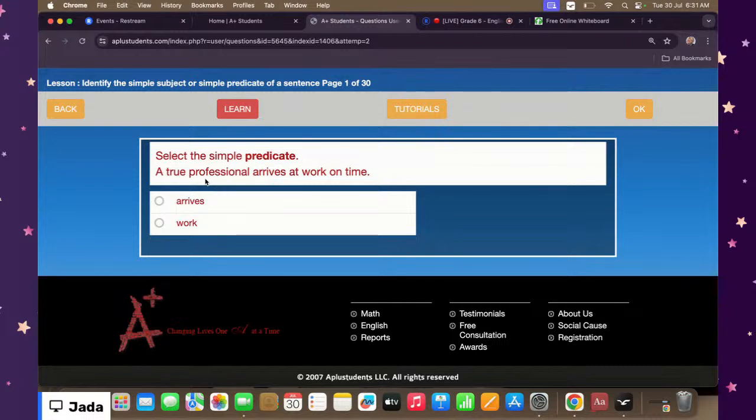Select the simple predicates. A true professional arrives at work on time. Now, what is the simple predicate here? The simple predicate is supposed to be what? The verb. So what's the verb here? What is the verb, please?